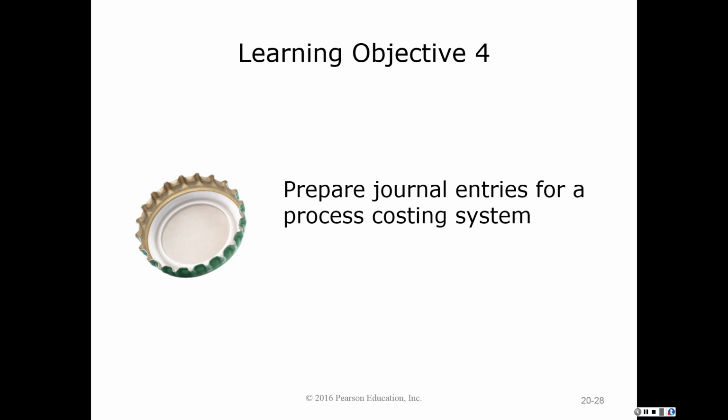And so I want you guys to understand the basics of why we need equivalent units in process costing, how they're calculated for both transferred in cost, material, and conversion cost. Understand why those are separate.